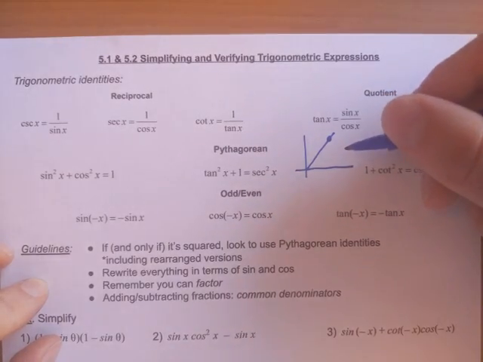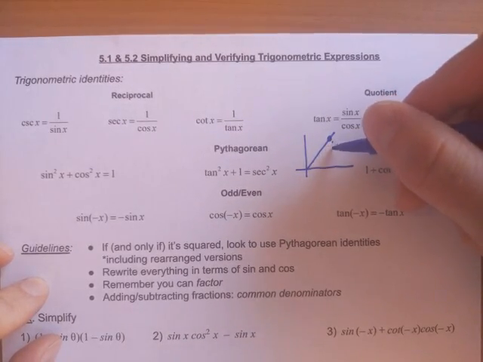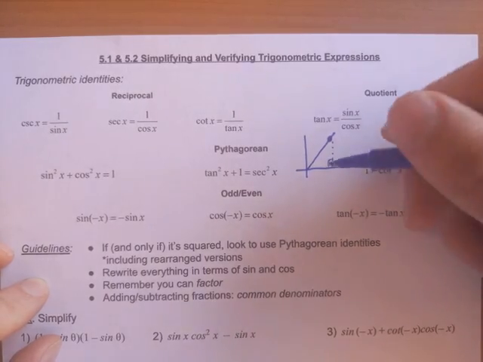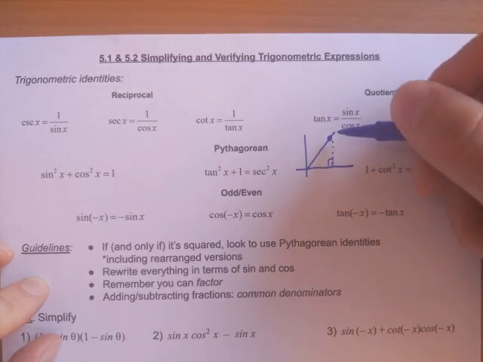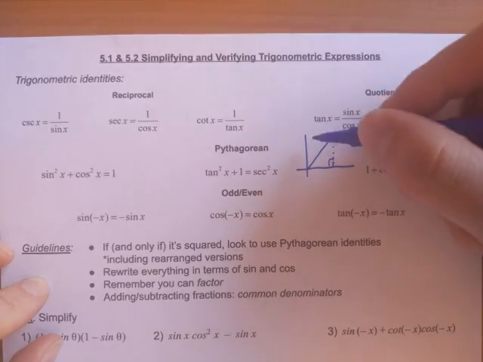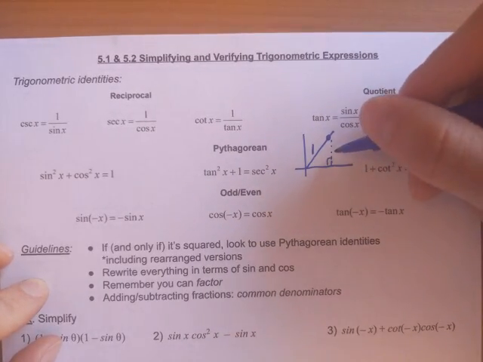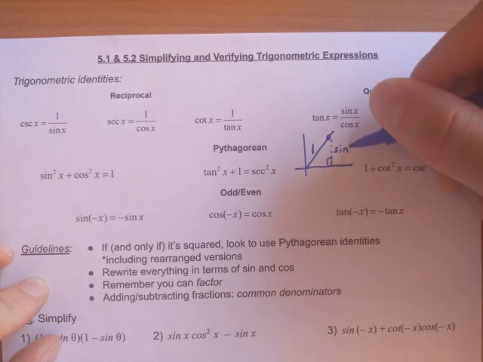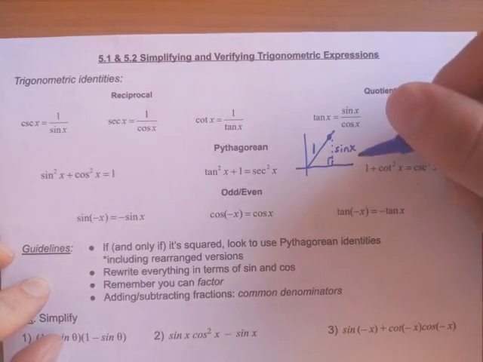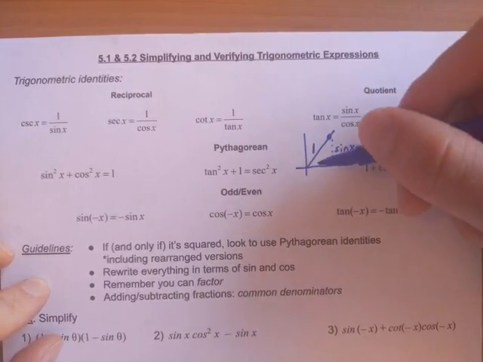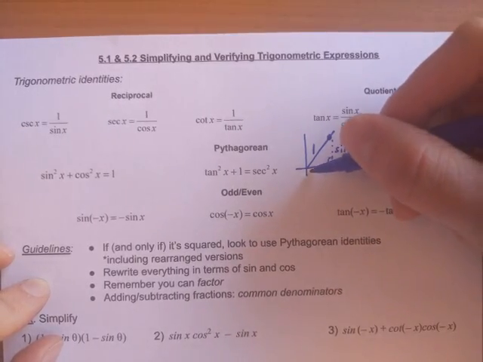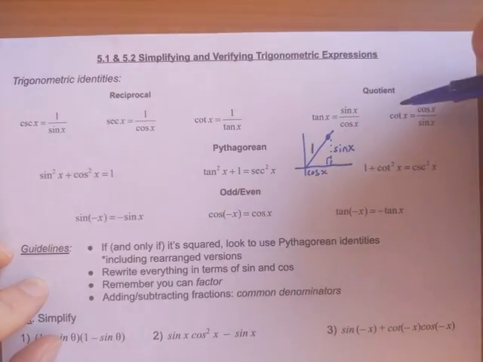We called sine the y coordinate of this point right here if we had a radius of 1, if the hypotenuse is 1. So if sine is the y, that's this opposite side right here. And then the x was cosine, that's this adjacent side right here.